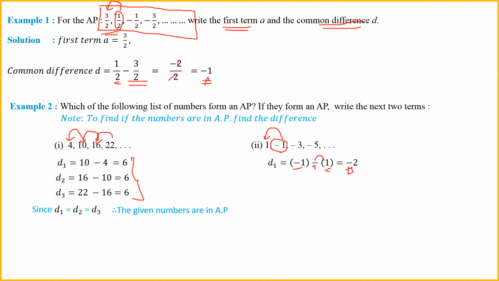Now for d2, we take minus 3 and subtract the preceding term, minus 1, where we end up with minus 2 again.